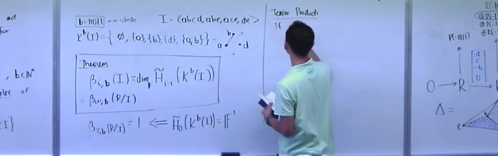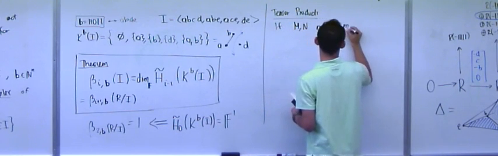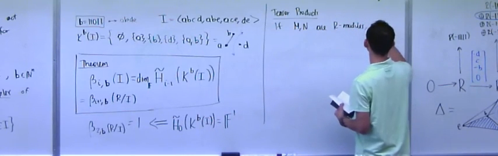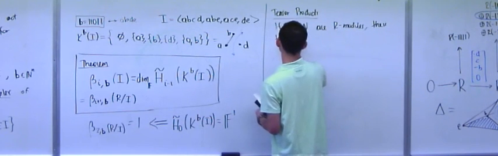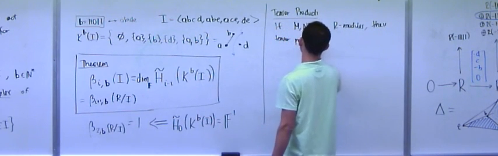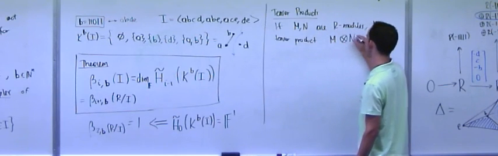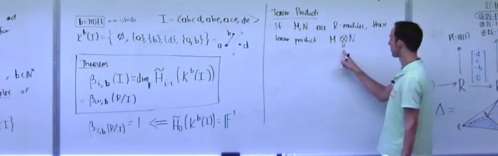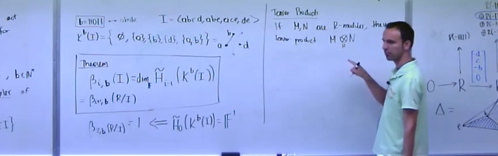So if you have two R modules, let's call them M and N, then I have a tensor product which is denoted like this, M tensor product N, and I've put an R here to signify that this is an R module.